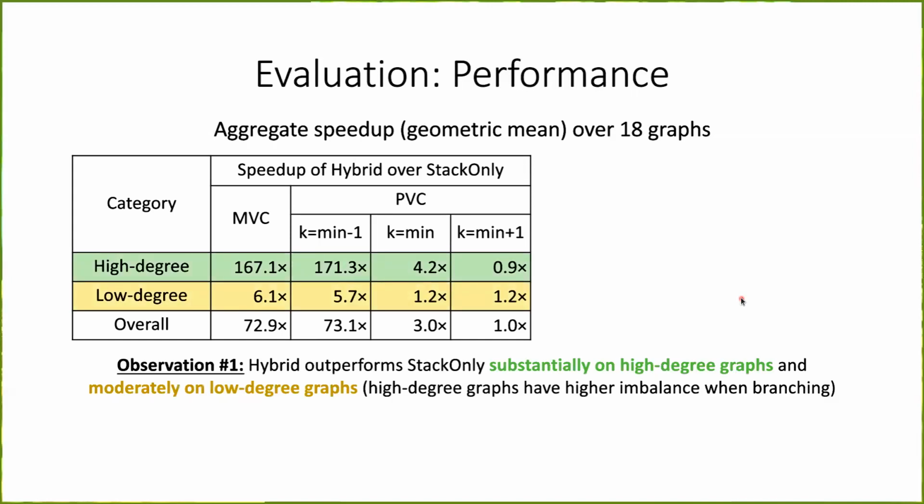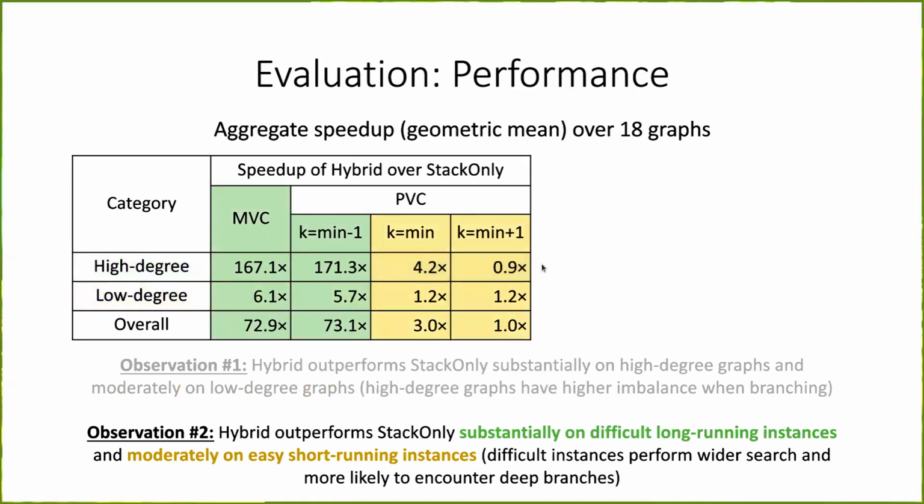The first observation we can make over these results is that the hybrid outperforms the stack-only implementation substantially on high-degree graphs and moderately on low-degree graphs. This is because high-degree graphs have higher imbalance when branching.